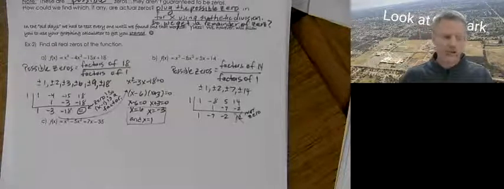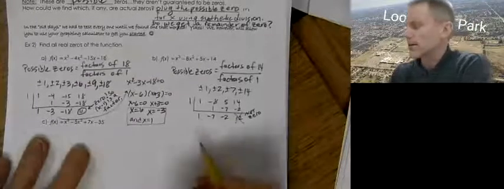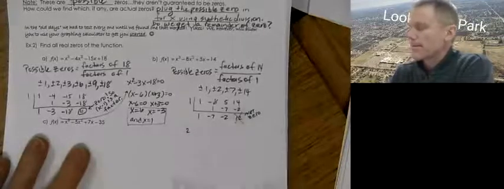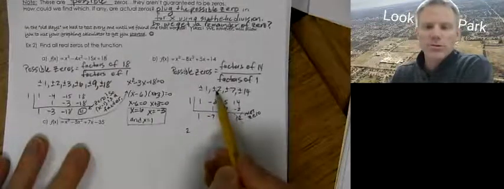You can go ahead and try -1. You can go ahead and try 2. It's your choice. Whatever number you want to try, doesn't matter. We'll just go up the list. Now we'll try 2.